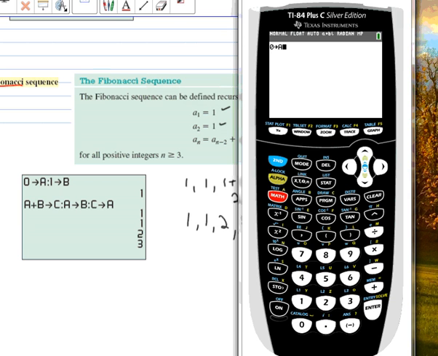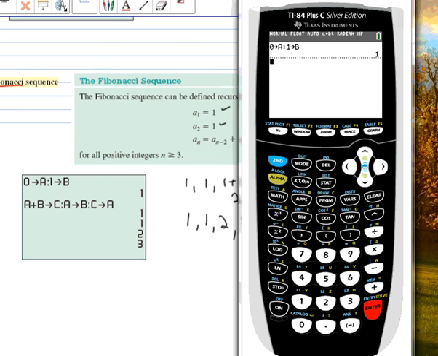So I need to find my colon. Alpha decimal, colon, and then take 1 and store it as alpha B. That allows you to do 2 things at once. So we'll hit enter, and that performs it. 0 is the A value, 1 is the B value.